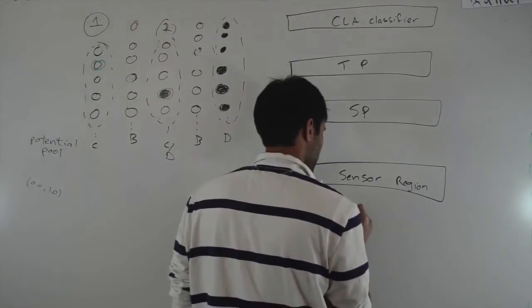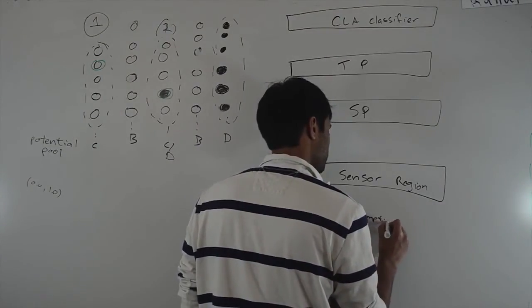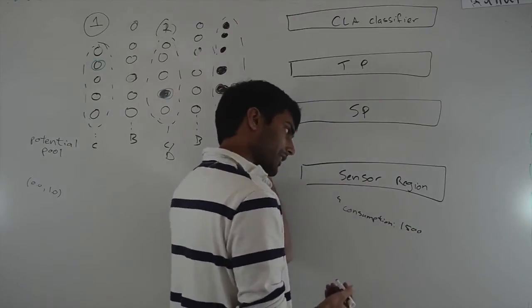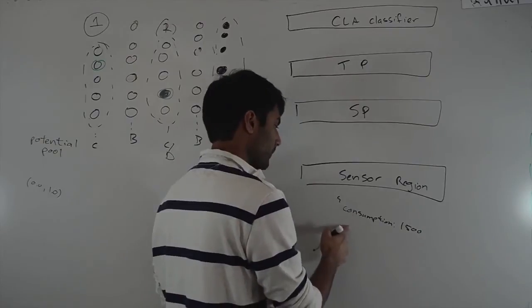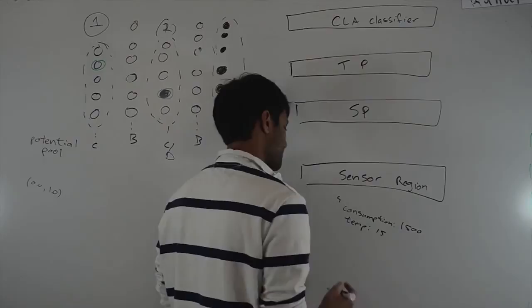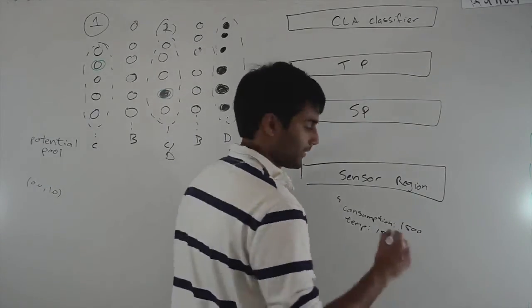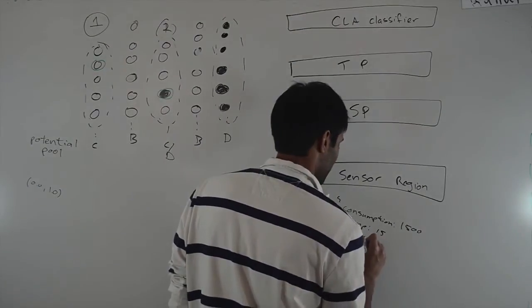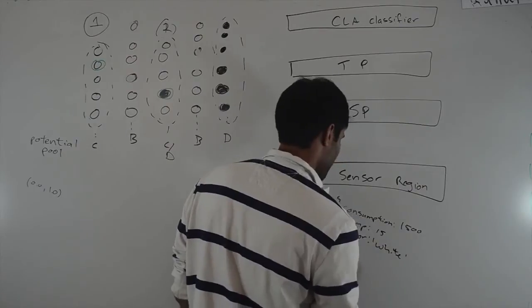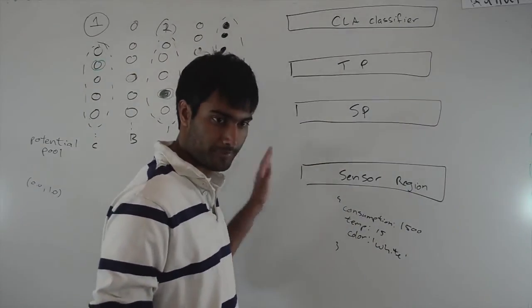So it'll say the consumption, 1500 watts, say, and the temperature, 15 degrees, and say for some reason the building's color matters, so it does. It's a white building. So this is just a straight up Python dictionary that goes into this sensor region.